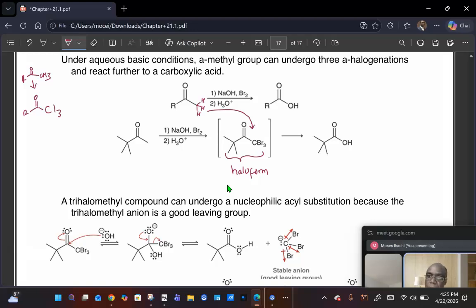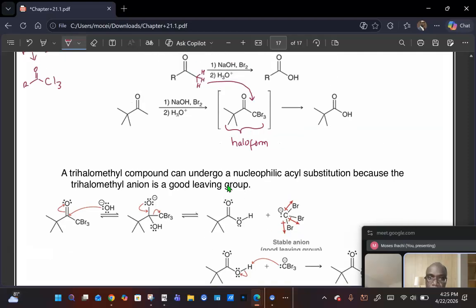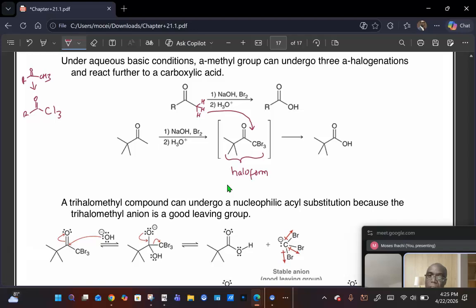It should be coming. It's not here, maybe in the next one. But it's the same process. Only that iodine will not do alpha carbon bromination. Remember, this one can give you bromines here. Let me do it here so you will see what I'm talking about.